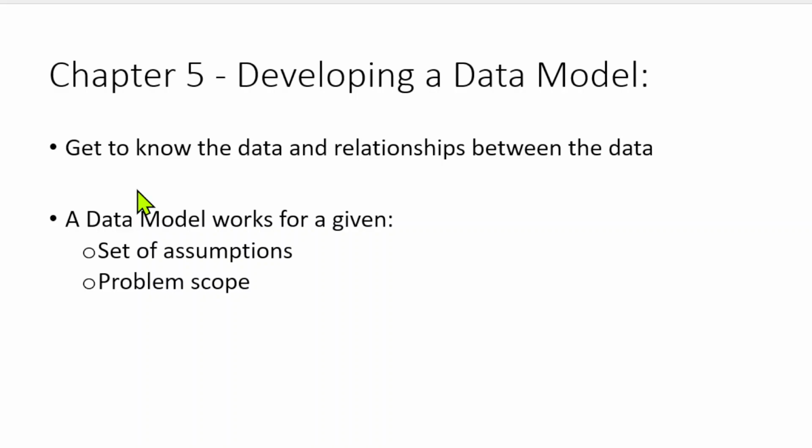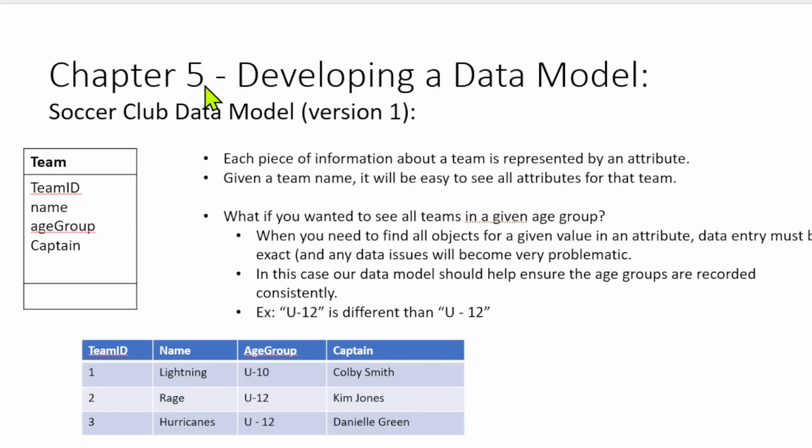The assumptions can be anything from, will it work on a desktop type database like Access, or do we need something like SQL Server or Oracle? Is it going to store things that don't work well in a relational database? Who's going to have access to it? How are we going to block access? All these assumptions are going to come into play. So you've got to make sure that your data model works for these assumptions and stays within the project scope.